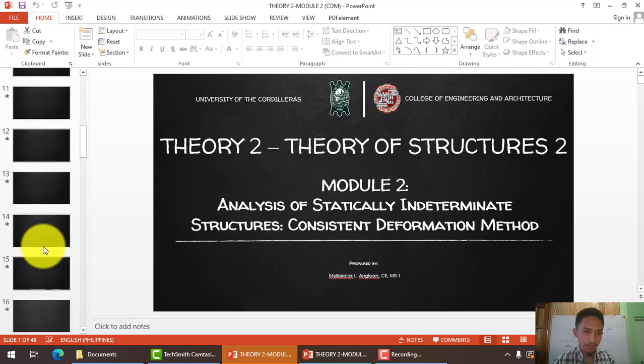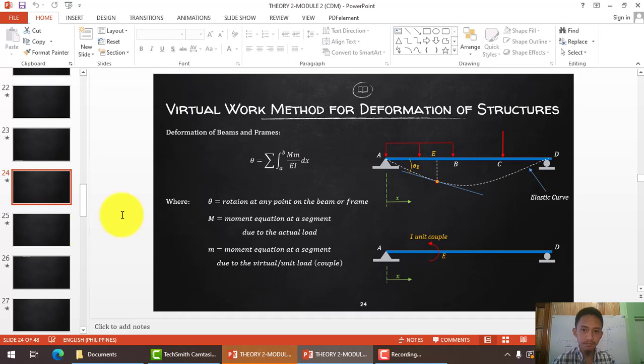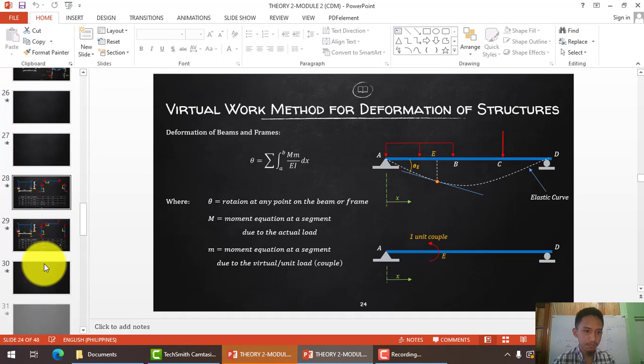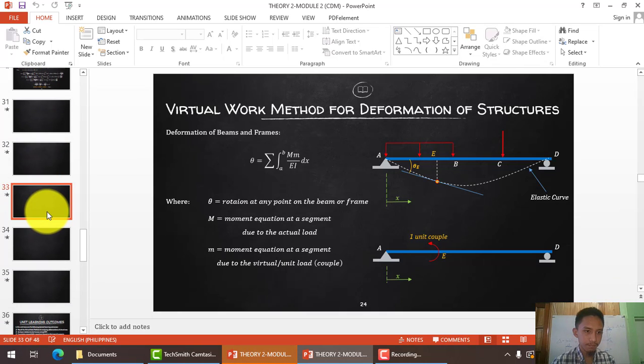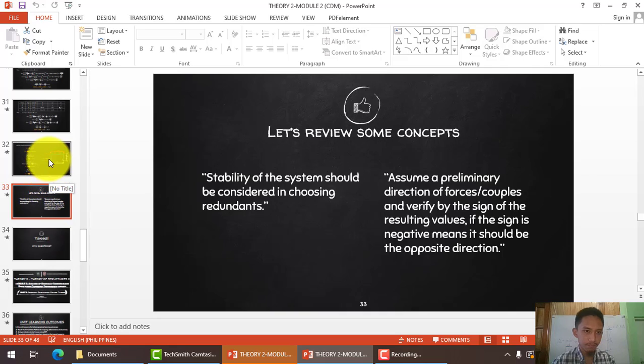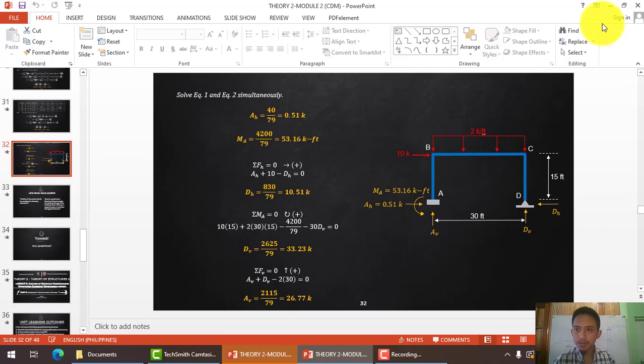So where is our frame? This is the result in our consistent deformation. So this is our presentation for consistent deformation.